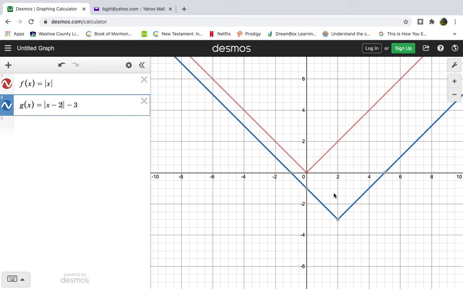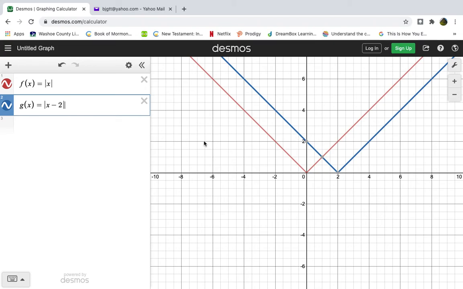So x minus 2, let's take this off for a second. If we want 0, right, here is 0. If we plug into our equation a 2 minus 2 is 0. So that's when it's going to be at 0.